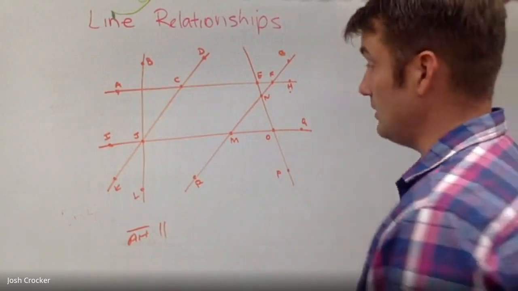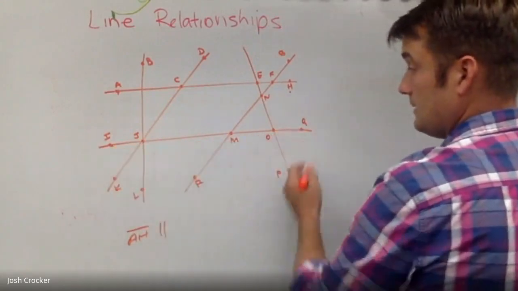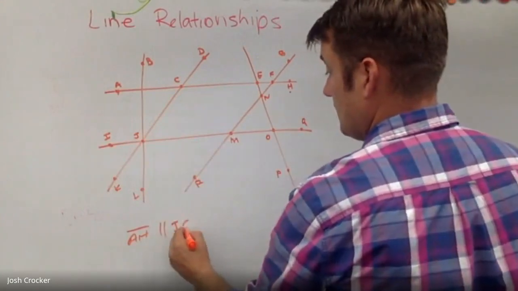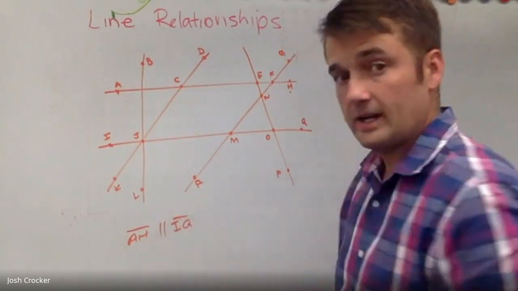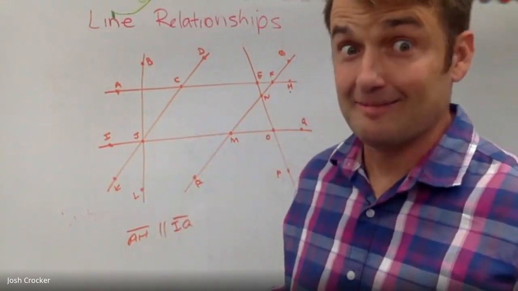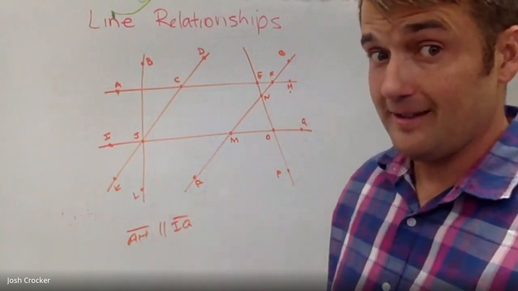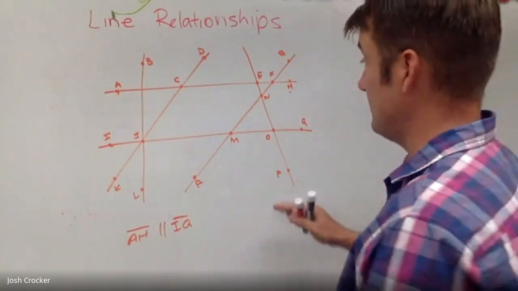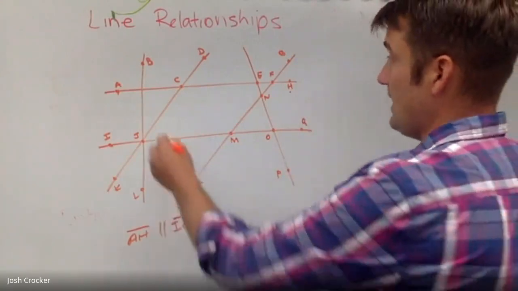It's parallel to this one, right? Like railroad tracks. Railroad tracks are parallel, and they have to be, or else they'd throw the train off. That would be real bad. If they got closer together or further apart, that would be a problem for the train. So those are parallel. Okay, let's just stay with AH.